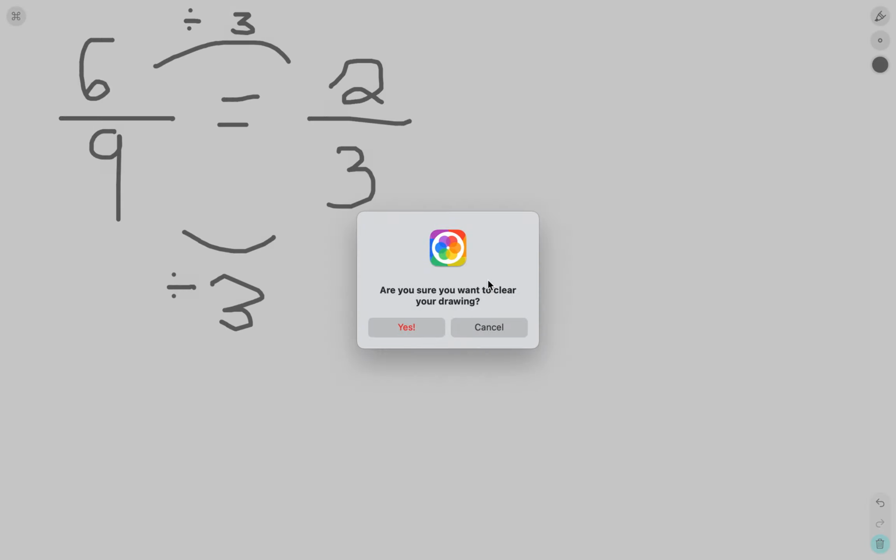So, first question. Let's do the first question together. The first question says 3/6 equals something over 2. And if you're dividing that by 3, it would be 2.